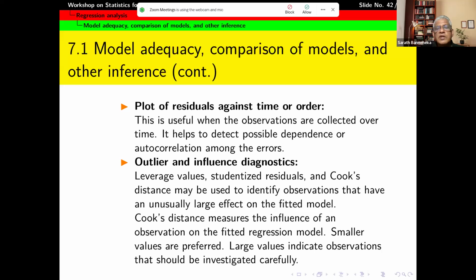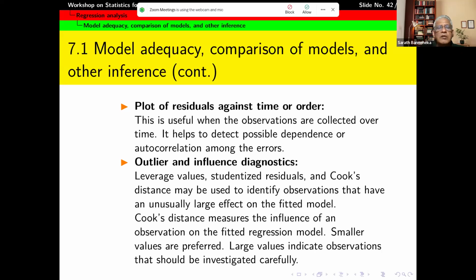So, plot of residuals against the time order, right? We plot the residuals if, for example, the data have been collected over some different time points, or if the data points have been collected according to some order, right? The second observation must be followed by the first one, and so on.